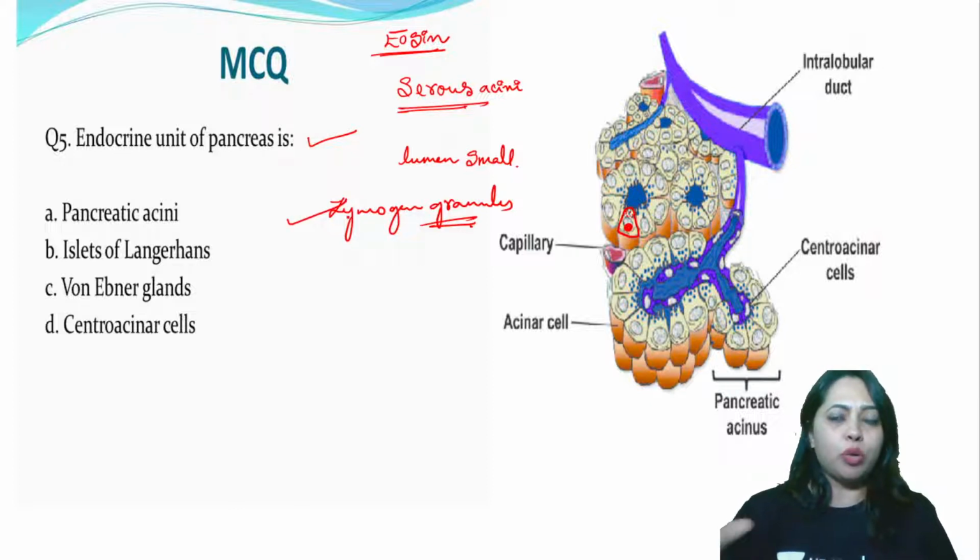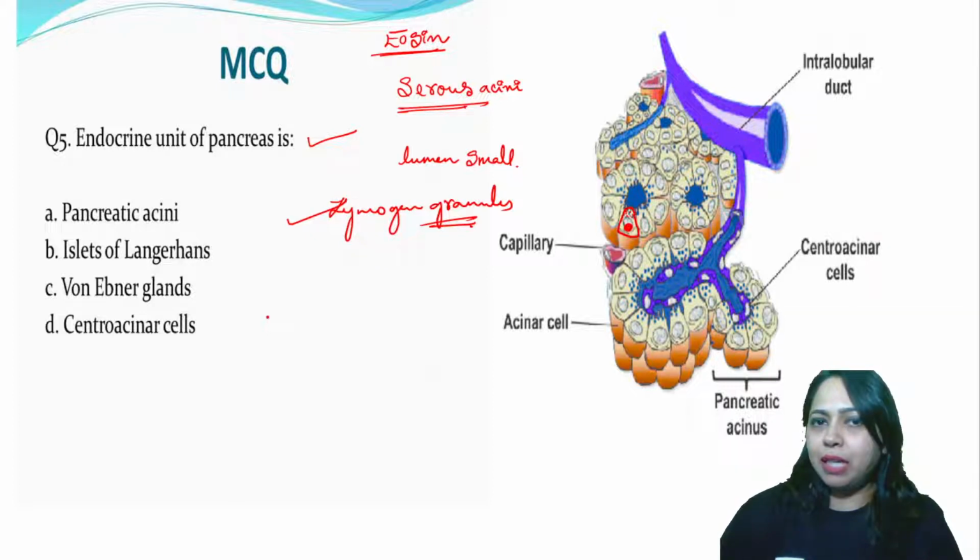They give an even brighter color compared to mucus acini or any other mixed acini. Mixed, one example would be the submandibular salivary gland, pure mucus would be the sublingual, and serous would be the example of either pancreas or parotid gland. So remember, the parotid and pancreas both have serous acini.